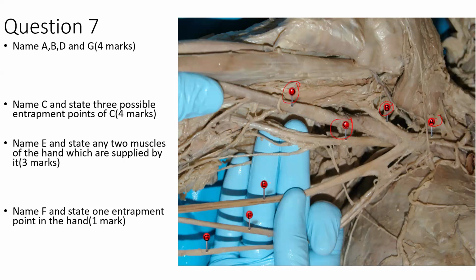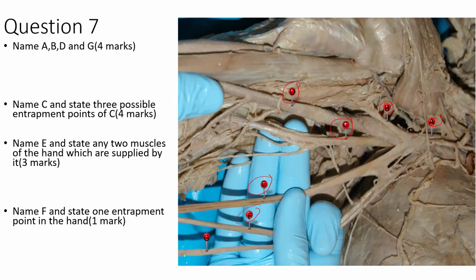And then what is E? Median nerve. No, it's not ulnar, it's median nerve. What is F? F is your ulnar nerve. And what is G? What lies medial to the ulnar nerve? The medial cutaneous nerve of the forearm, the medial antebrachial cutaneous nerve.